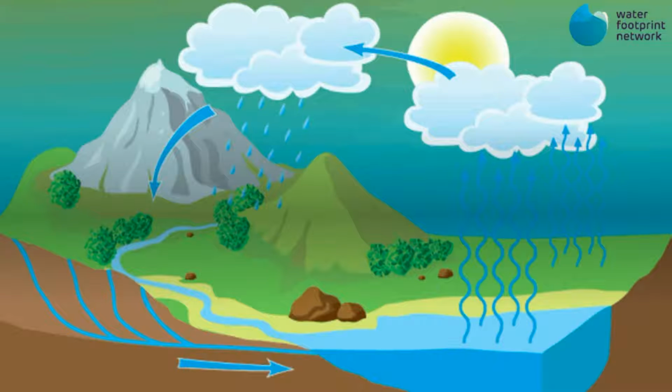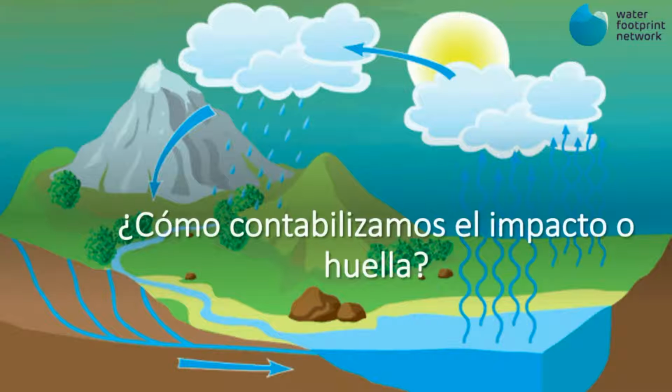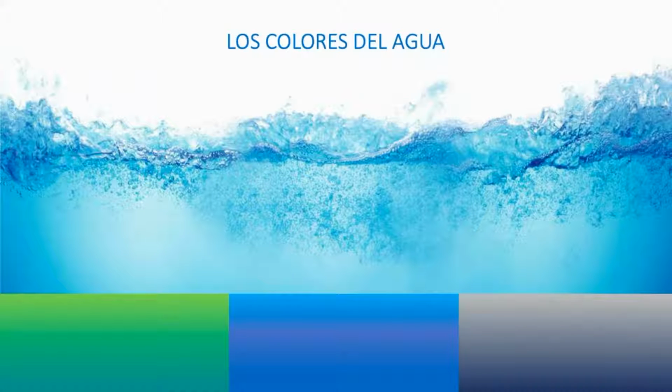So to quantify or to make visible that impact, we need to know which part of the hydrological cycle we are impacting. In that sense, we give colors to the water footprint.